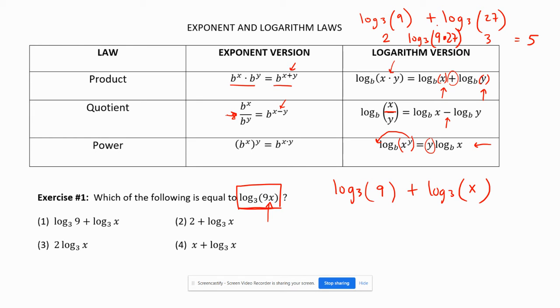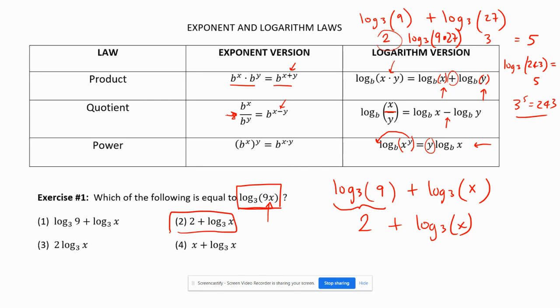And so if we got out our calculator, 9 times 27 is 243. So log base 3 of 243 must be equal to 5. And that's true because 3 to the fifth power is 243. Okay, so now that we have this, log base 3 of 9, we just did it up here. It's equal to 2. So we can simplify this down to 2 plus log base 3 of x, which is that one.